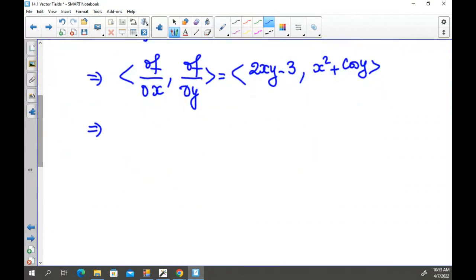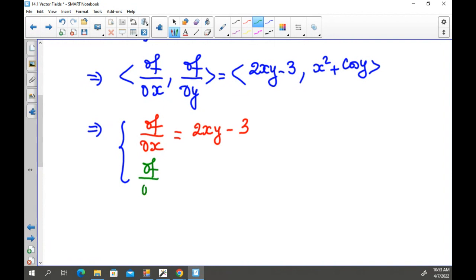Now you split this into two equations. The first one is df over dx should be equal to 2xy minus 3, and the other one is df over dy should be x squared plus cosine y. Very good. Now, do you remember what we did after this?